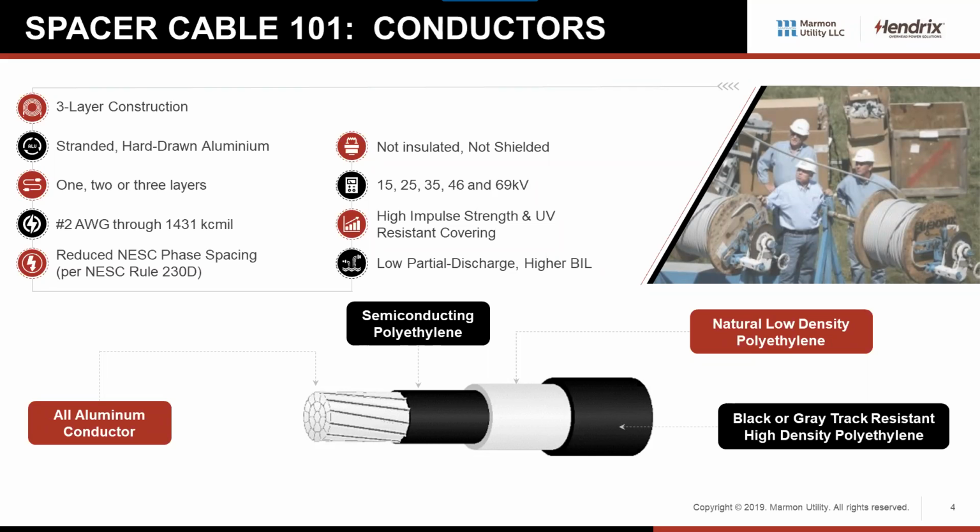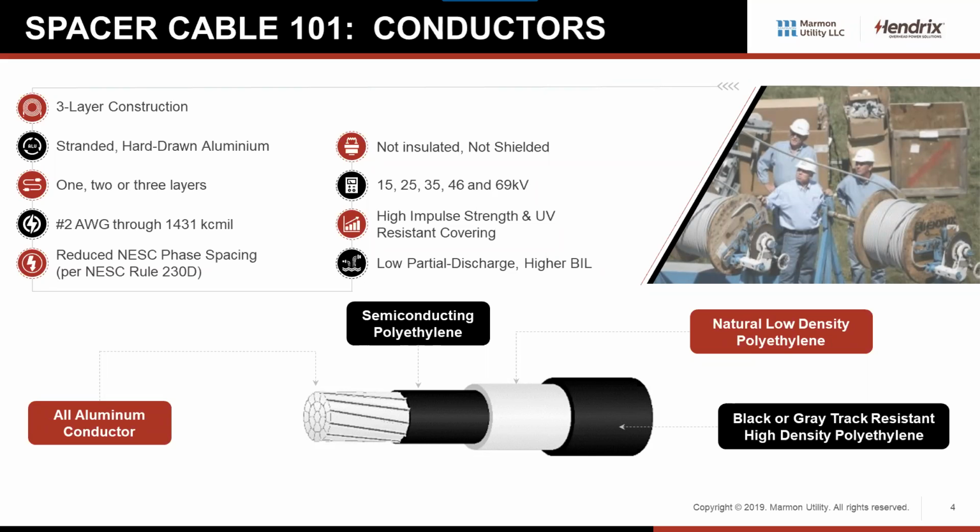But if it's just multiple circuits or long spans or something like that where trees aren't going to interact with it, the 2-layer should be fine. But now, because our manufacturing process has become so efficient, and we understand that it's just a much, much better product from an electrical perspective, for the most part, we recommend you go with 3-layer cable.